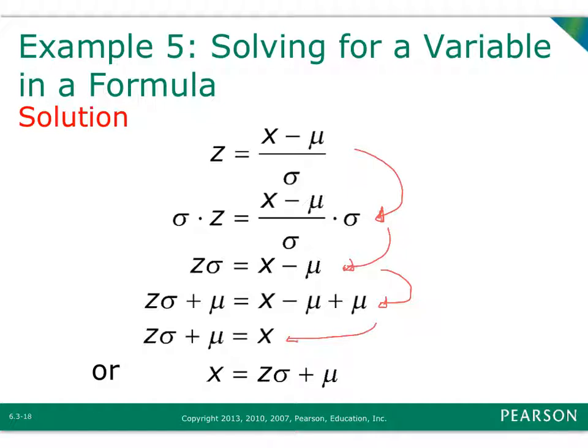And so now we get z sigma plus mu is equal to x, or x is equal to z sigma plus mu. So in a standardized population, we can always find the value for x given its standard deviation from the mean times the standard deviation plus the mean of the population.